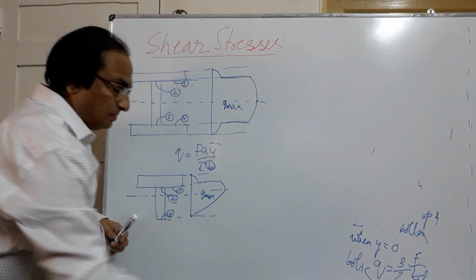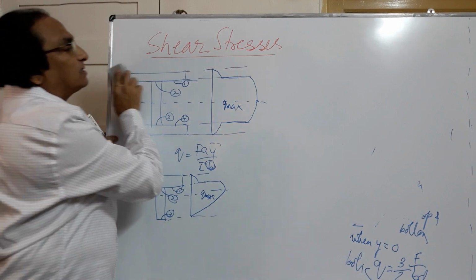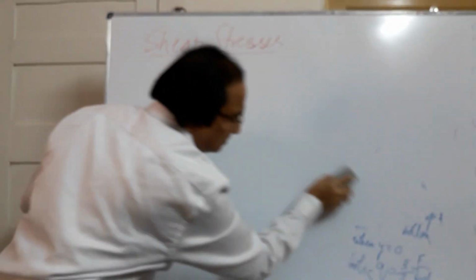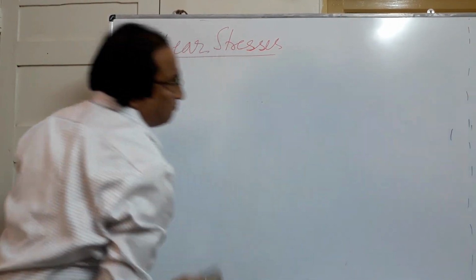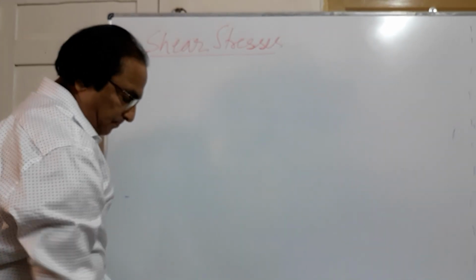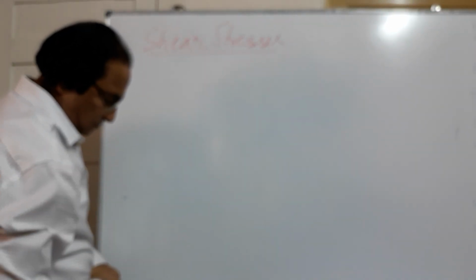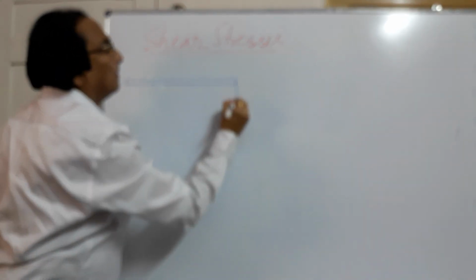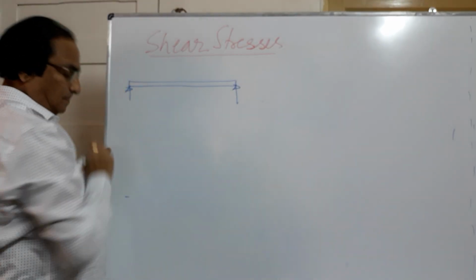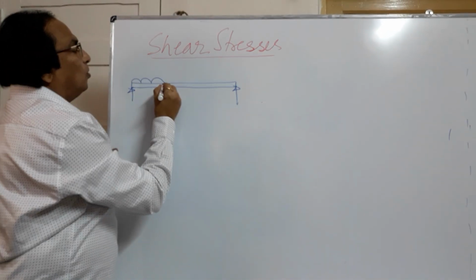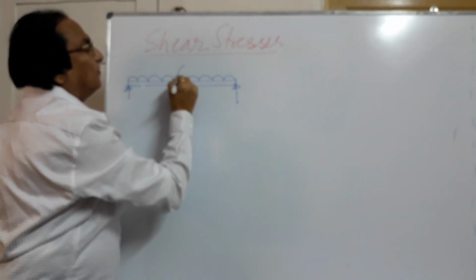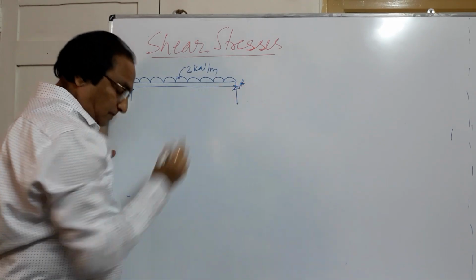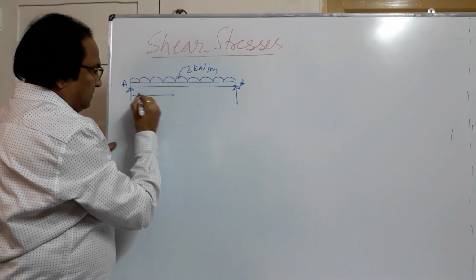We'll take up a simple problem and try to draw the shear stress diagram. Let's take a simply supported beam, supported at the ends. Suppose this is carrying a UDL for the whole length of 3 kilonewton per meter. Let the span of the beam be 5 meters.